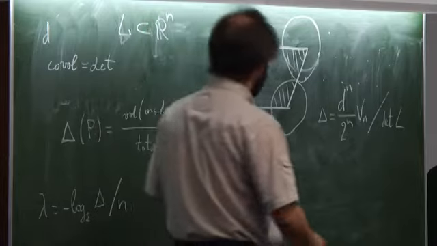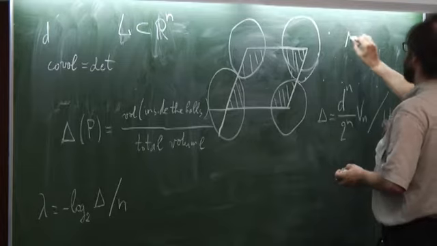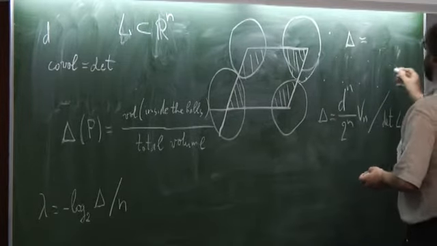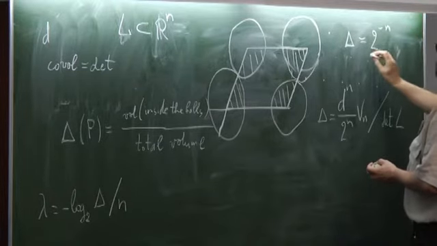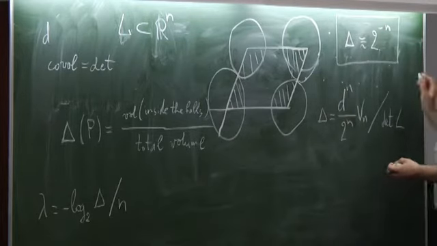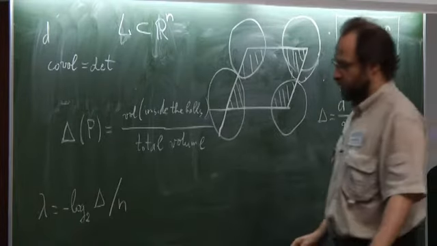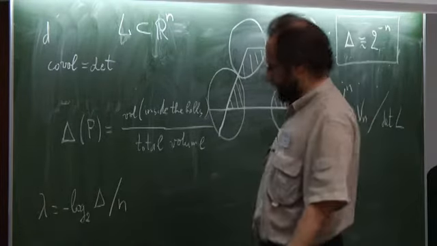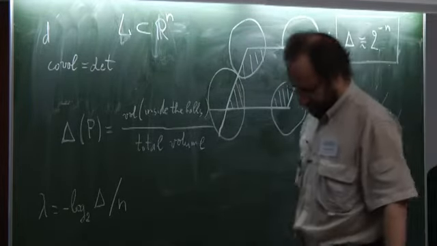With probability 1, the density of a lattice packing is 2 to the power minus n, asymptotically. In particular, there do exist lattices that behave like this. Asymptotically, the best lambda that corresponds to this bound is just 1.